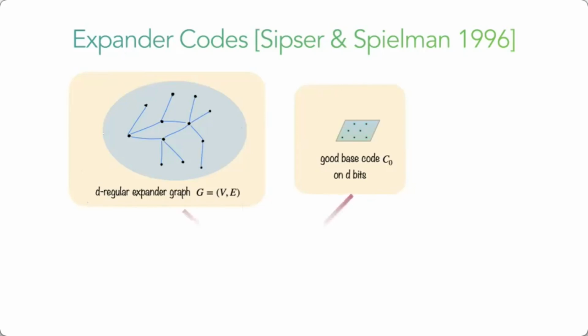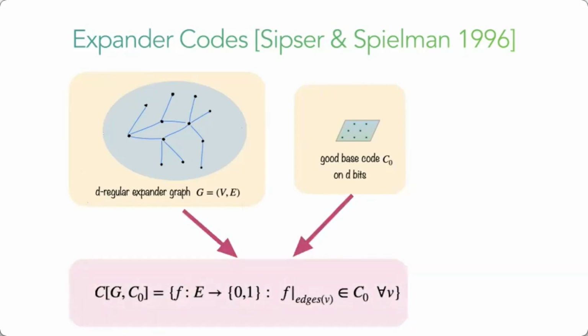Okay, so I have these two components. How do I build a code from them, or how do Sipser and Spielman build a code from them? This is the code. Let's parse this. I have here a set of all functions that label the edges of the graph. I'm thinking of all the bits as labeling the edges of the graph with zeros and ones. And to define a linear subspace, I need to say what the linear constraints are.